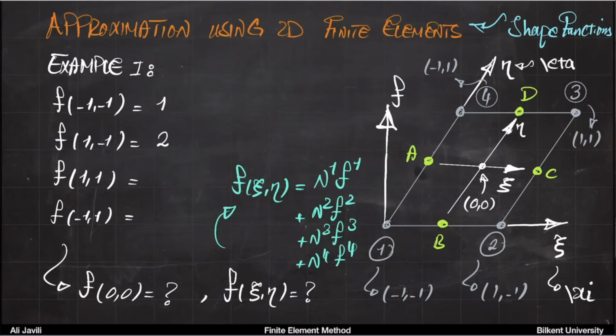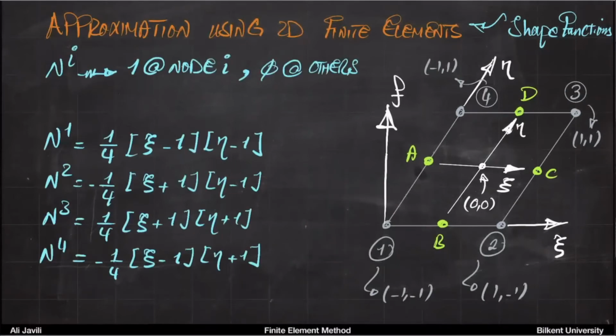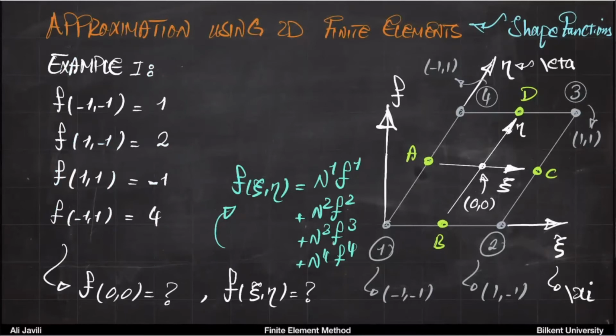So this is 1, 2, minus 1, and 4. So let's say you have the values at these 4 corners, and based on the shape functions that we just learned together, we want to calculate this approximation. So we know these are the shape functions, and we know how to write f.